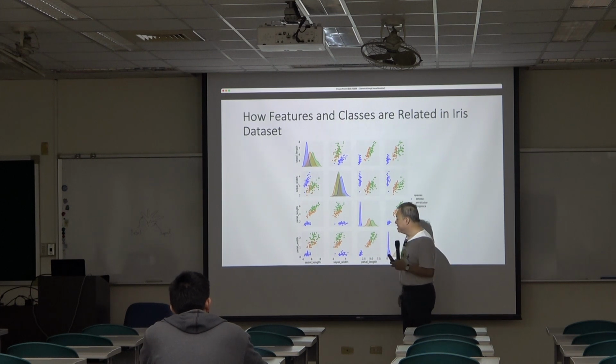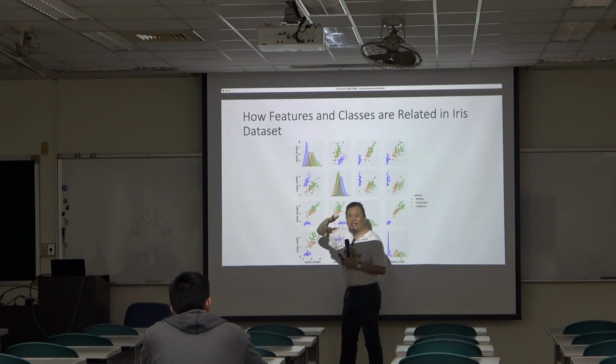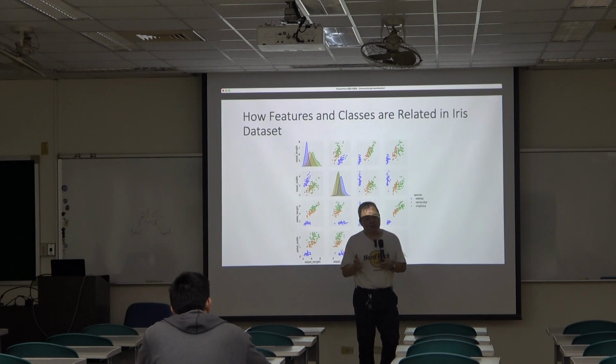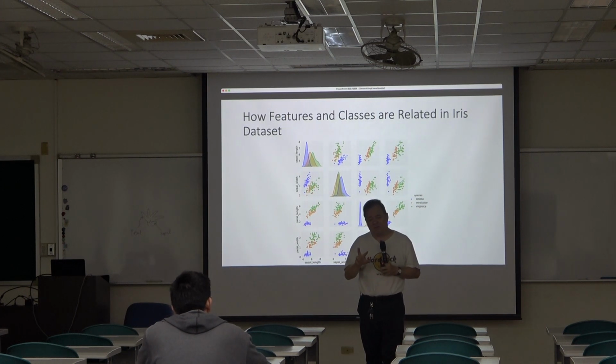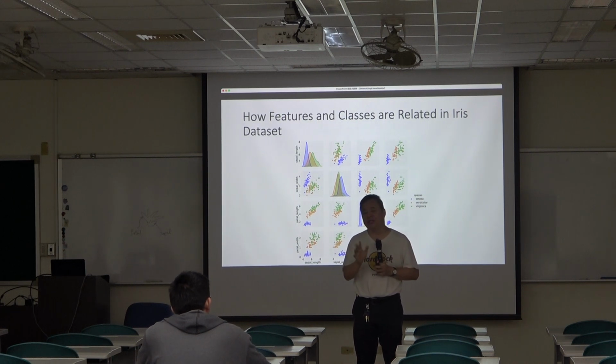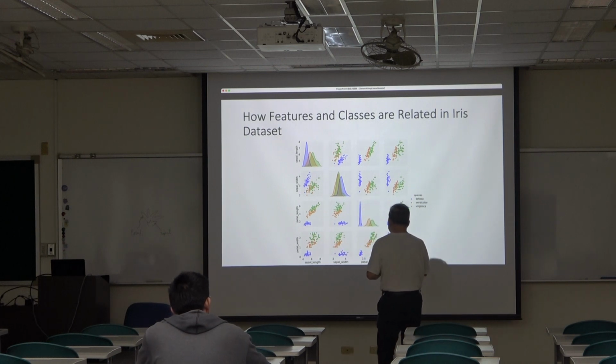Originally we used sepal length and sepal width. You can see that they may be slightly correlated, but the figure suggests these two values are not that highly correlated, compared with petal width and petal length.